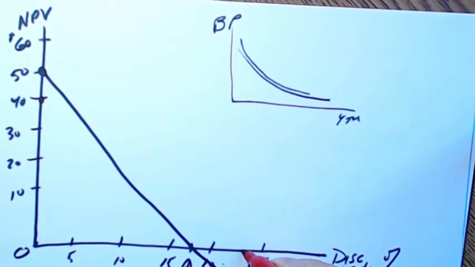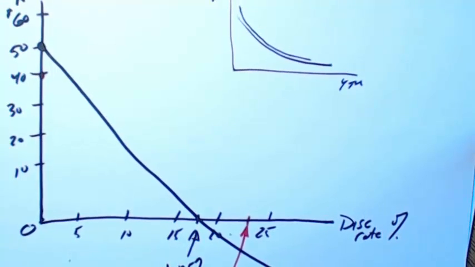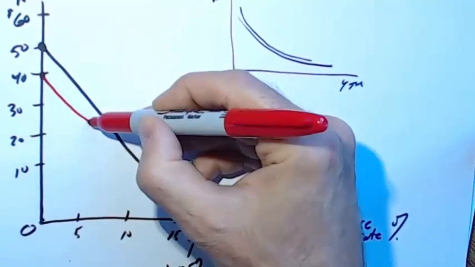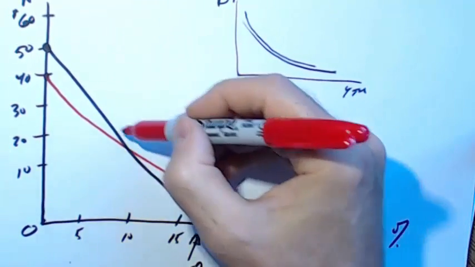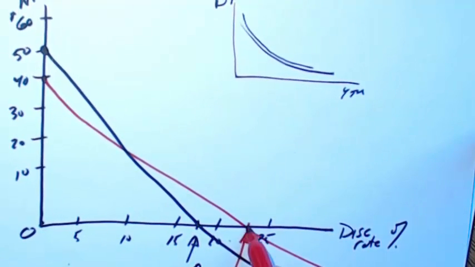So 23.56% is right here. Let me try to get some curvature in there. Pretend that there's curvature there. I didn't quite get it, but it's there.